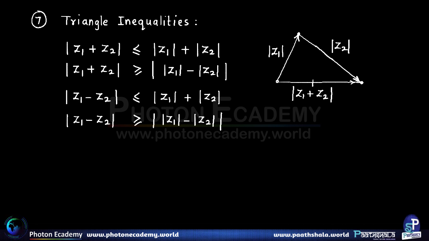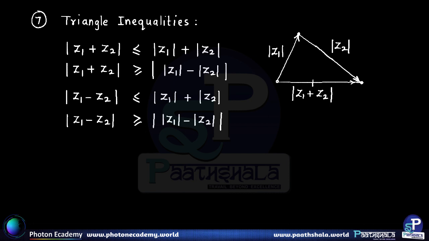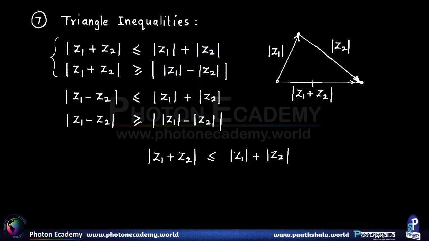Now if we want, we can look at these from another way also. If we think of the first two, we have mod of z1 plus z2. Since it is less than or equal to mod z1 plus mod z2, the maximum possible value of mod of z1 plus z2 is the right hand side, mod z1 plus mod z2.